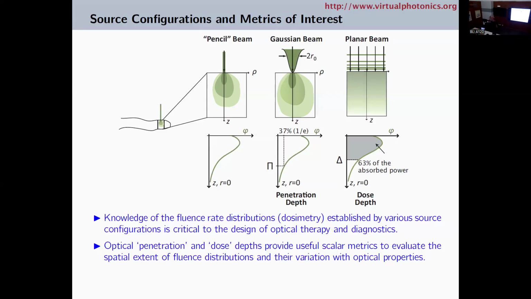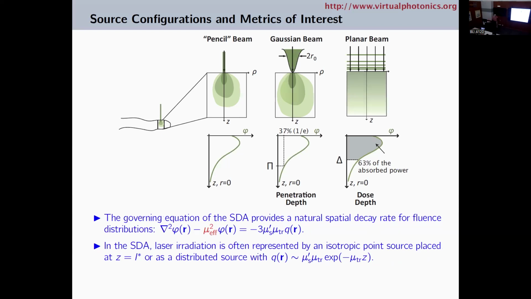The other thing that I wanted to mention, I'll get to in just a second. So again, the governing equation is 1 over mu effective. In standard diffusion approximation, the laser radiation usually is attenuated by e to the minus mu_tr z, where mu_tr is mu_a plus mu_s prime. So basically, the loss of your collimated light is either due to absorption or due to an isotropic scattering event.